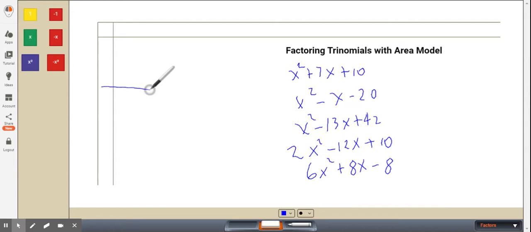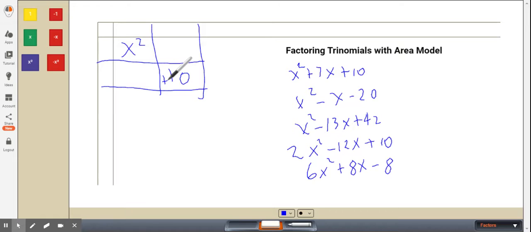So if we recall the way we built our expansions, we'll remember that it looked like something like this. And we also recall that we had always the x squared term in this place and the independent term in this place. So that's our first step to factoring using the area model.